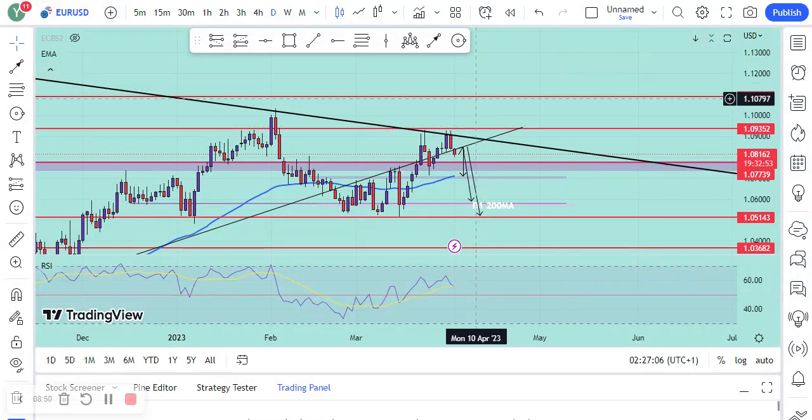But this is, well, I won't say highly unlikely, but this is very unlikely based on what we have here. Even if this will come, what it means is that price will have to come down here, then gather enough momentum to be able to break the resistances upward.